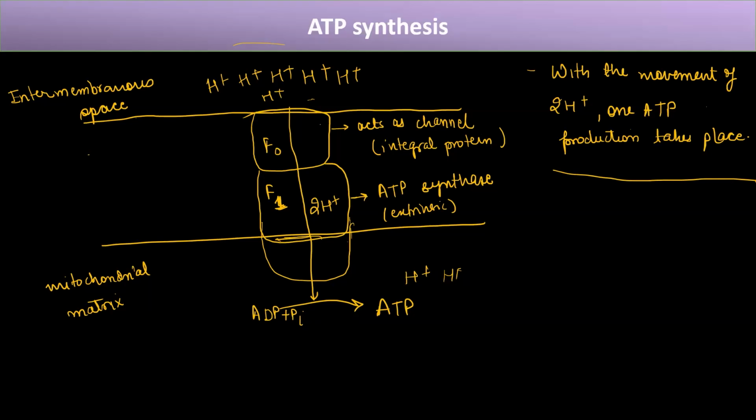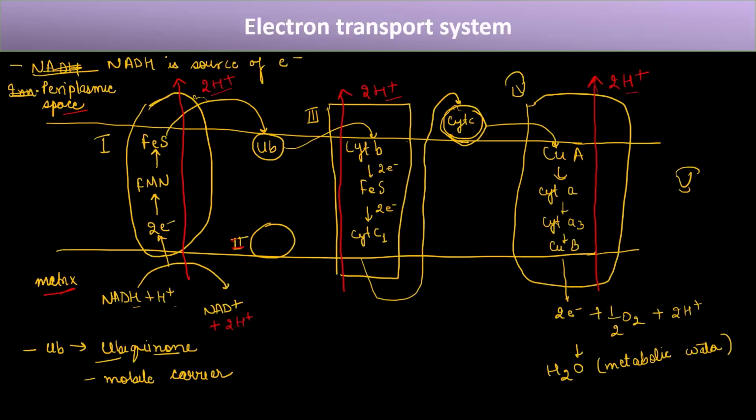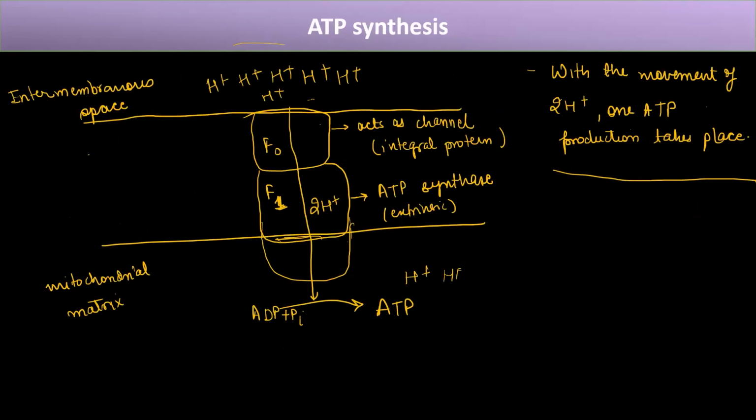Now let's get back to our FADH2 and NADH. We were saying that one NADH leads to 3 ATP formation and one FADH2 leads to 2 ATP formation. In the case of NADH, we had 6 hydrogen ion movement, right? Now as these 6 hydrogen ions move from here to here, they will lead to production of 3 ATPs, because with two hydrogen ion movement, 1 ATP production takes place.